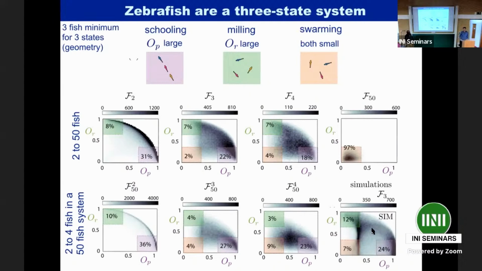It is a substantially more complex model that we've developed, which gets the higher order correlations. This model will have physical size for the fish.